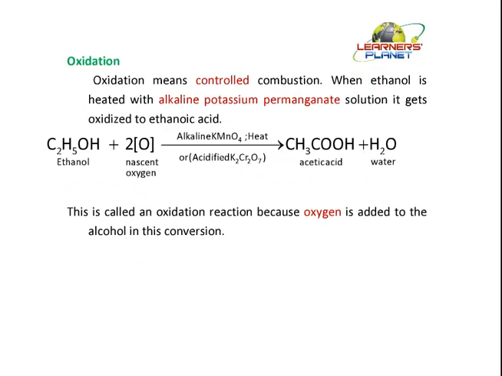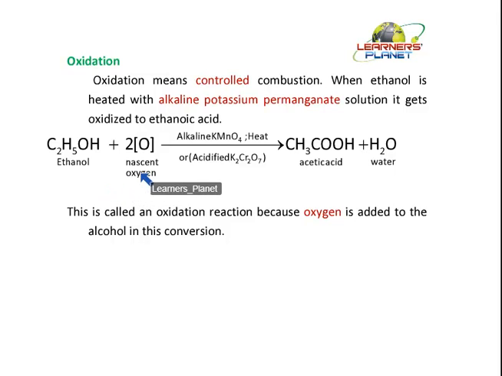Now there is another property of ethanol, that is oxidation. We did combustion, that is the uncontrolled burning of a substance in air. And oxidation is what? Oxidation means controlled combustion. When ethanol is heated with alkaline potassium permanganate solution, it gets oxidized to ethanoic acid.